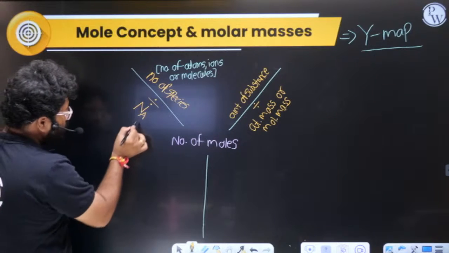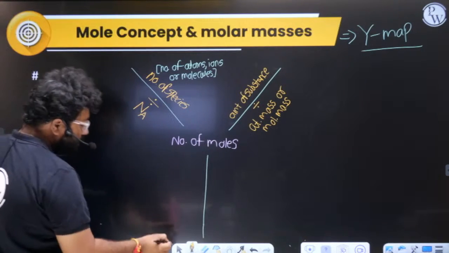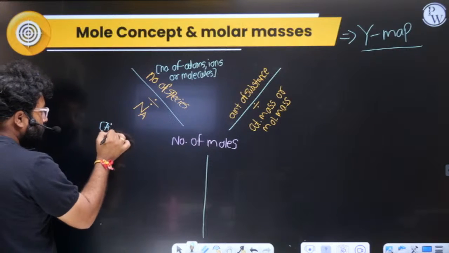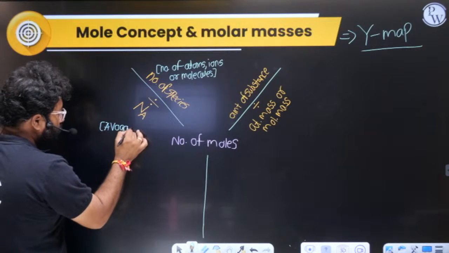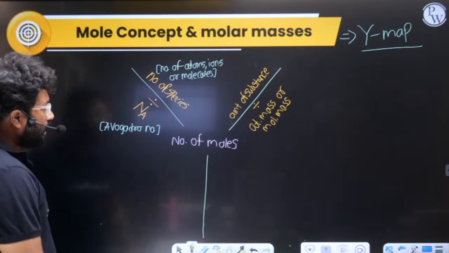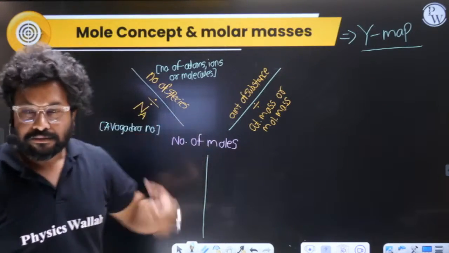What is Na? Na is the Avogadro number. So this is one way by which you can get the number of moles.